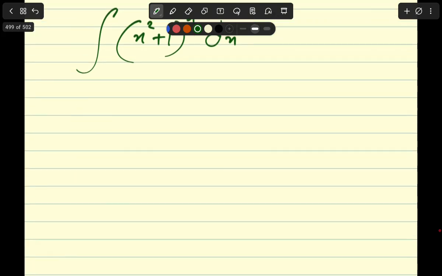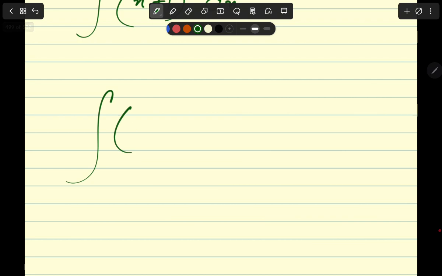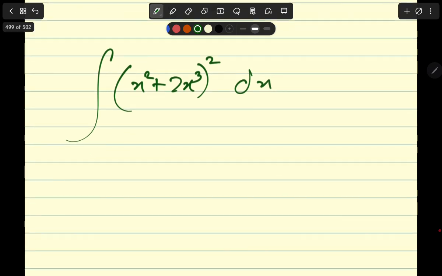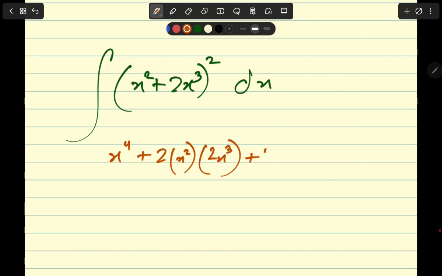However, Cambridge may give you a trap. They will give you x squared plus 2x to the power of, or let's say (x squared plus 2x cube) to the power of 2 dx. Again, you cannot do this through reverse chain rule, but what you can do is you expand the bracket. So this becomes x^4 plus 2x^5 plus 4x^6.